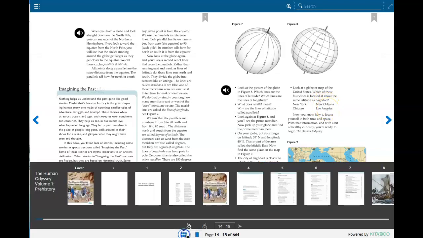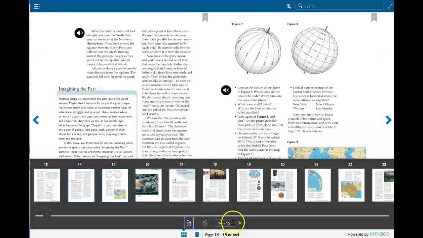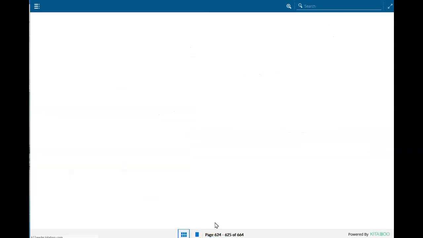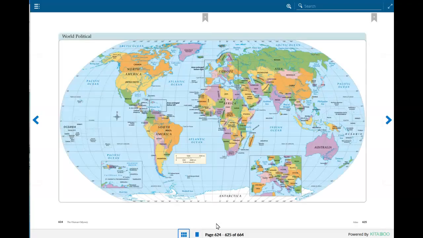And you've got pages in the back of your book. Okay, let me see. I think it's page 624. Okay, yep. So Baghdad was right in here at, was it 30 degrees? Okay, 33 degrees and 44 degrees. So right in this area. And if we go across, what latitude?